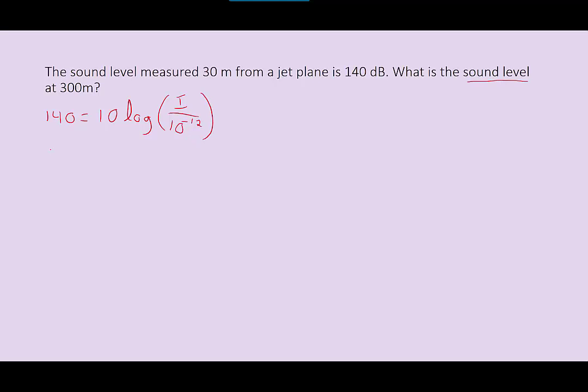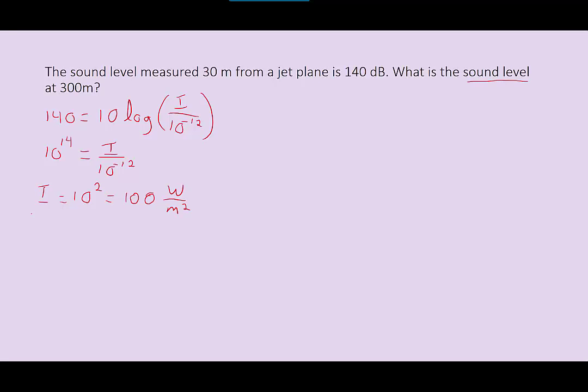So 10 to the 14th is equal to I over 10 to the negative 12. So I is equal to 10 squared, or 100 watts per square meter. That gives me the intensity at the 30 meters away.